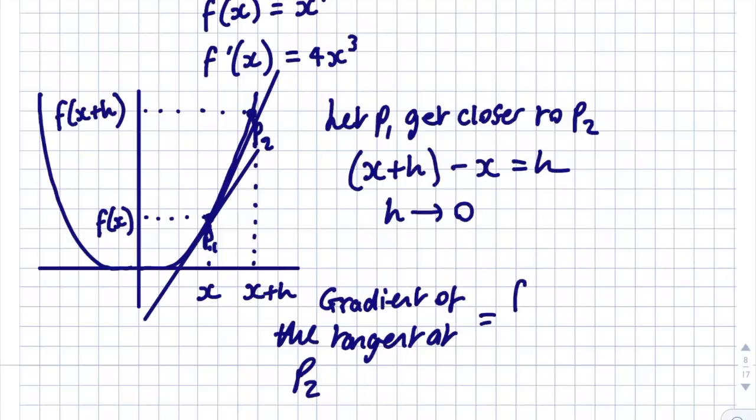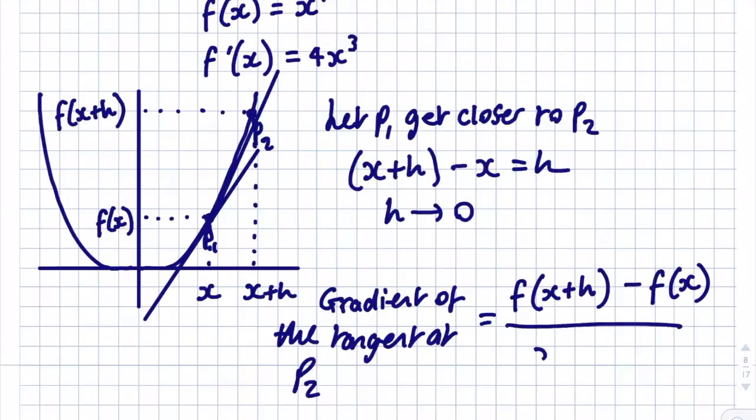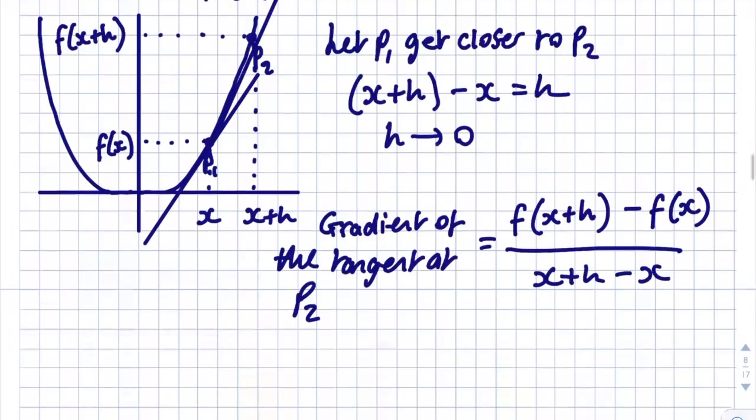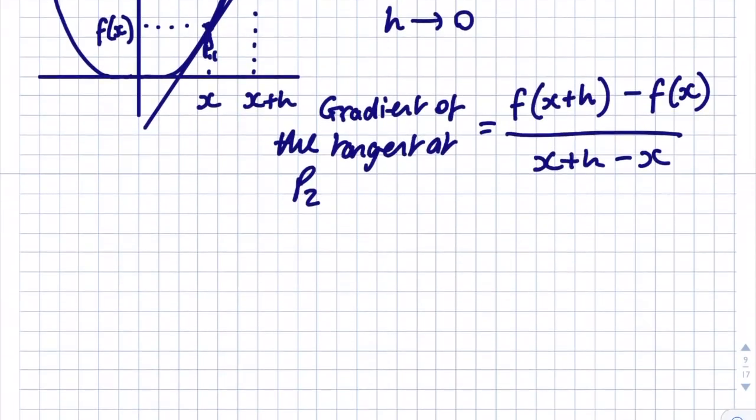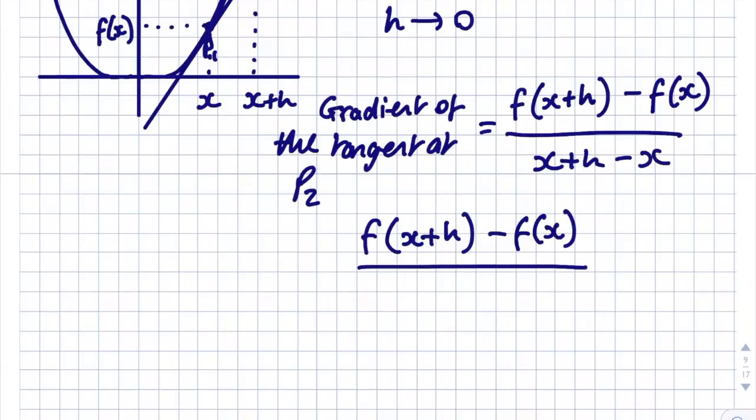So our first y value is f of x plus h. Our second y value is f of x, and then that's all over x plus h minus x. Now if we simplify this, we get f of x plus h minus f of x all over h.